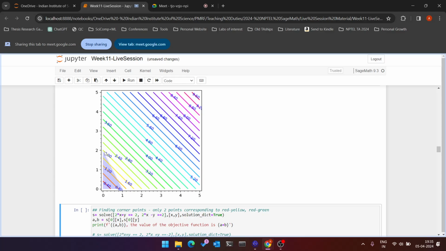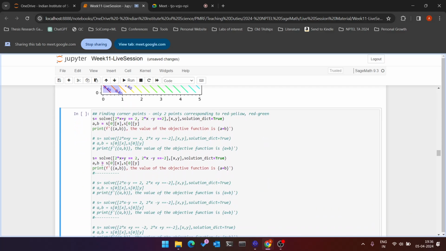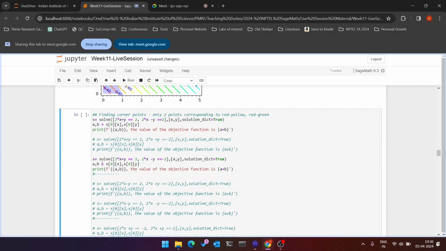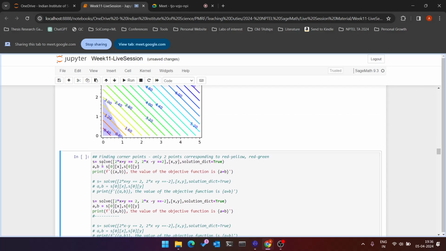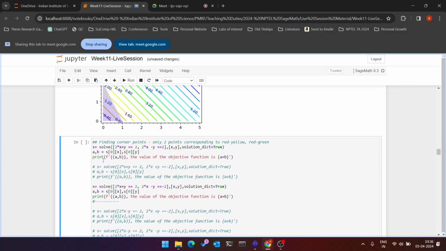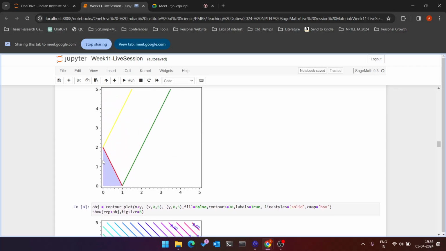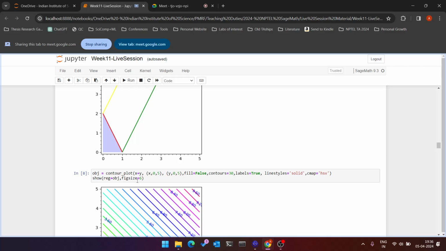Okay. Next, with this in mind, we'll just calculate our two corner points and try to evaluate what happens at these 2 points. As we have seen, the corner points come at the intersection of red and yellow and red and green lines respectively.